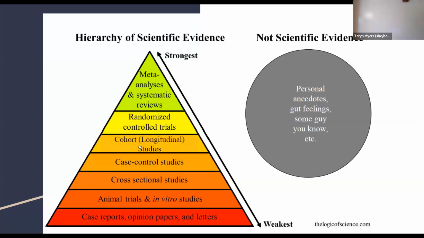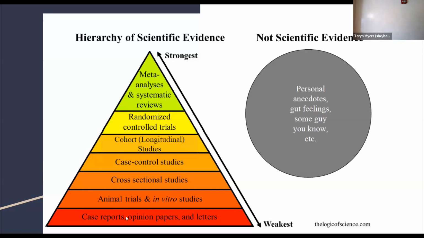And then here is a pyramid of things that are science publications, from what is the weakest up to what is the strongest. And I realized that this didn't translate very well. It's much clearer on my screen. So the bottom says case reports, opinion papers, and letters.